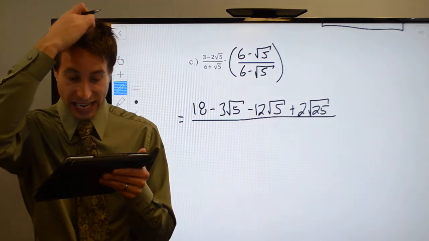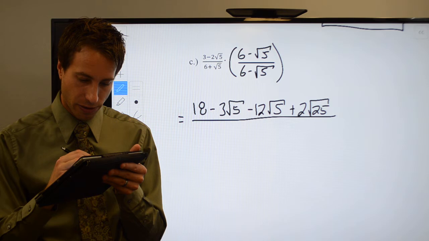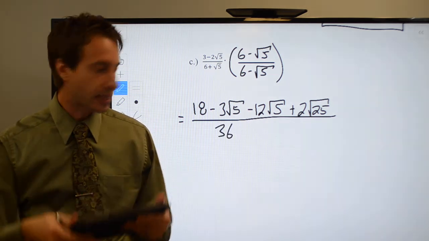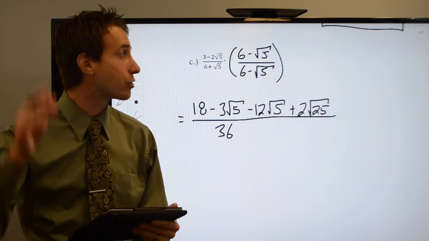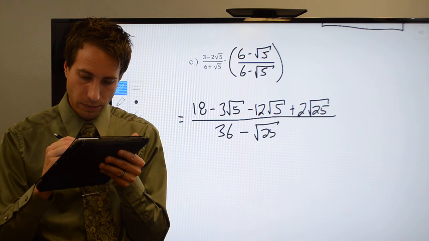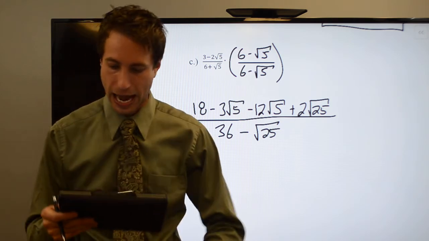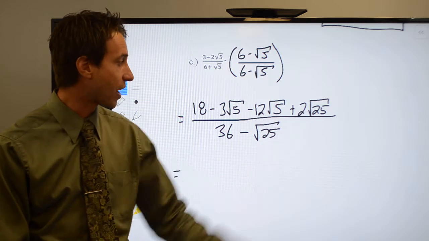In the denominator, the middle terms will cancel each other out. 6 times 6 is going to be 36. The middle guys cancel each other out. Square root of 5 minus square root of 5, so it'll be minus square root of 25. All right, let's see what happens here. The square root of 25 is 5, and 2 times 5 would be 10.